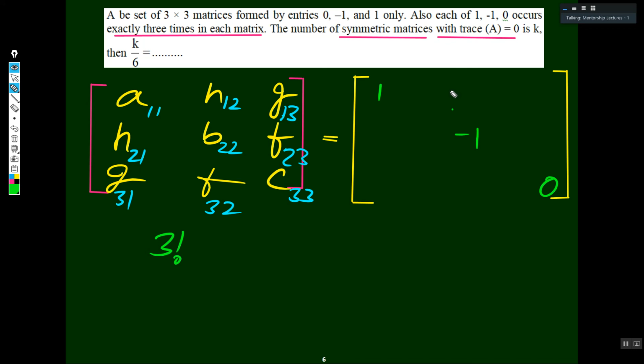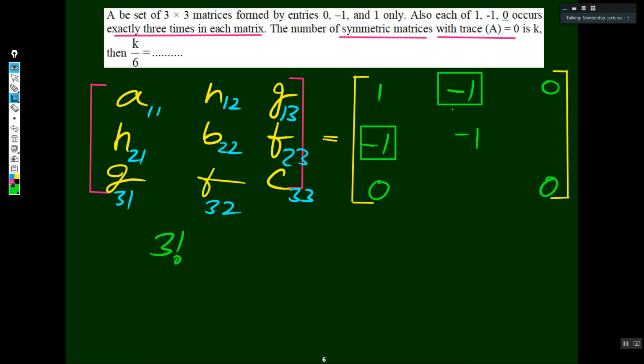So if you write minus 1 here, for example, you will have only one option here. That's what you are saying. Yes, it should be mirrored. And if you write 0 here, you must write 0 here. So these two are the same.